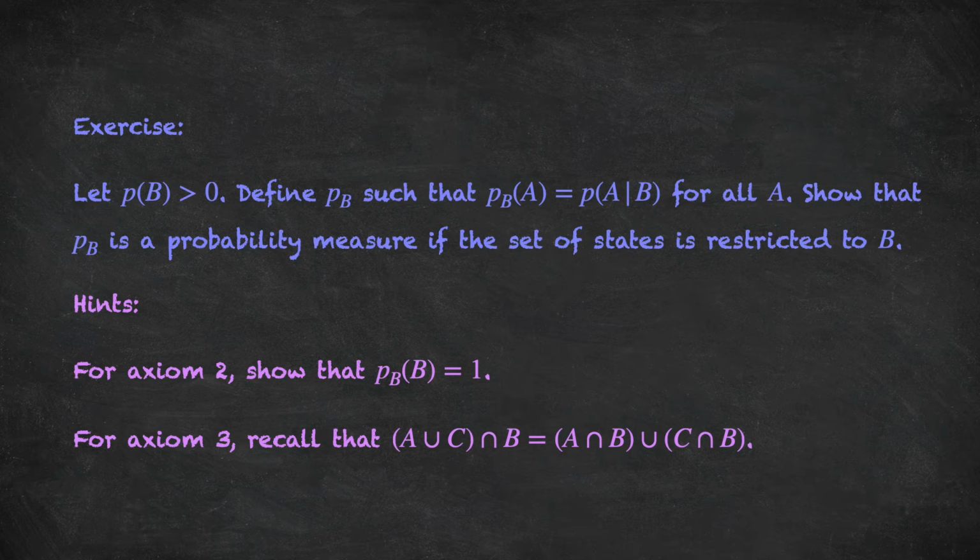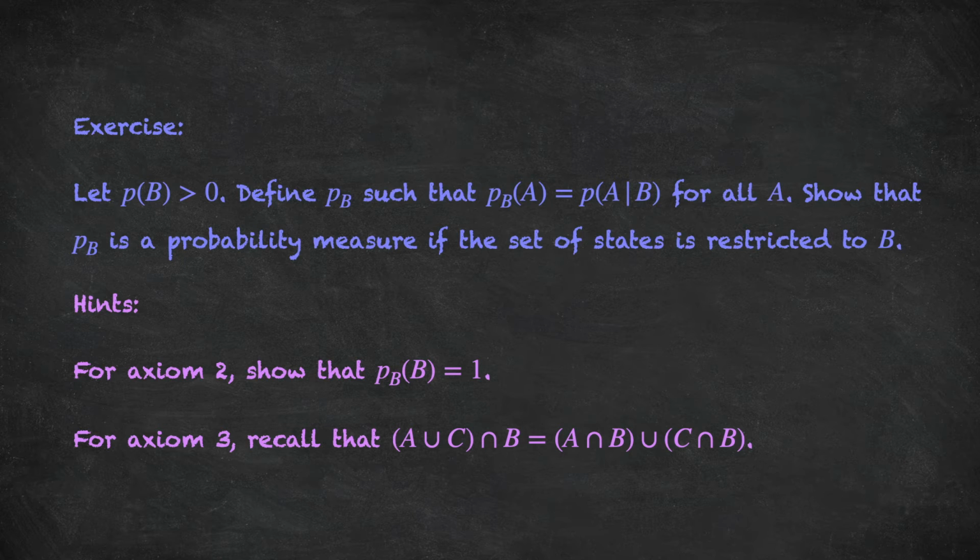If we take any two events, A and C, and we take their union, A union C, and then intersect that union with the event B, this is the same as taking each event A and C individually, intersecting them with B, and then taking the union of those separate intersections.